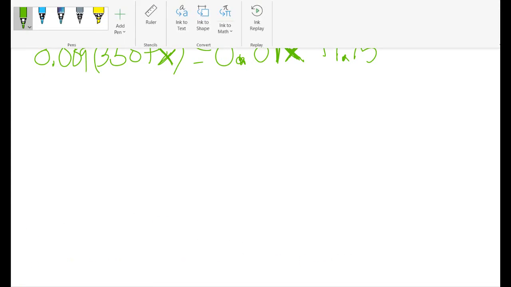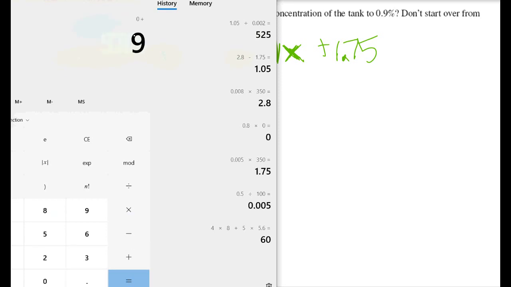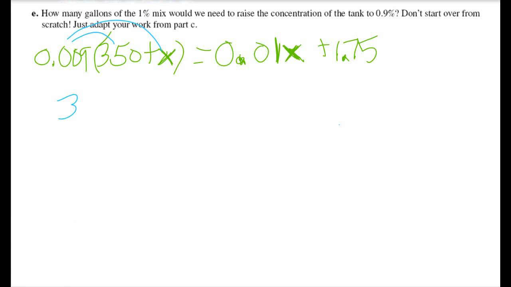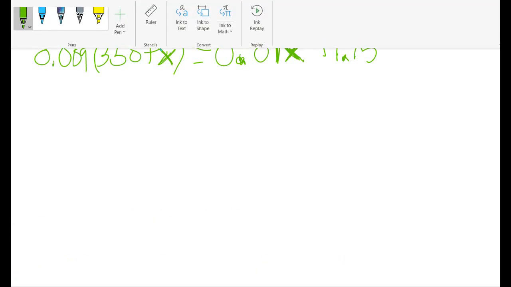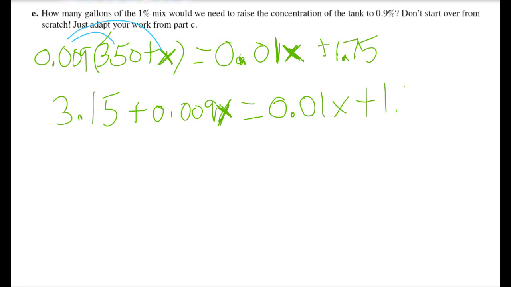And as before, I'm going to distribute. 0.009 times 350 gives me 3.15 plus 0.009x equals 0.01x plus 1.75.